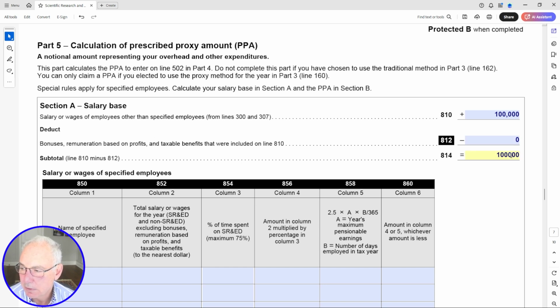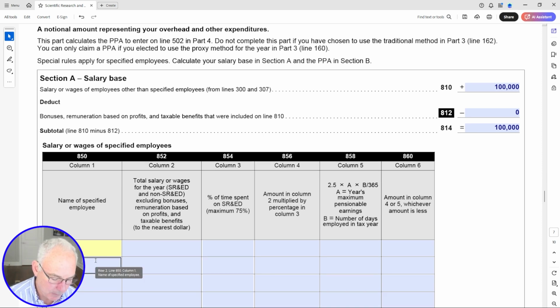So the name of the specified employee we have to put, and remember, that's someone who owns more than 10% of the company. So the salary or wages for the year, that is SRED and non-SRED, we had $60,000. And we said that 50% qualified for SRED, and multiplying 2 by 3, we have $30,000.